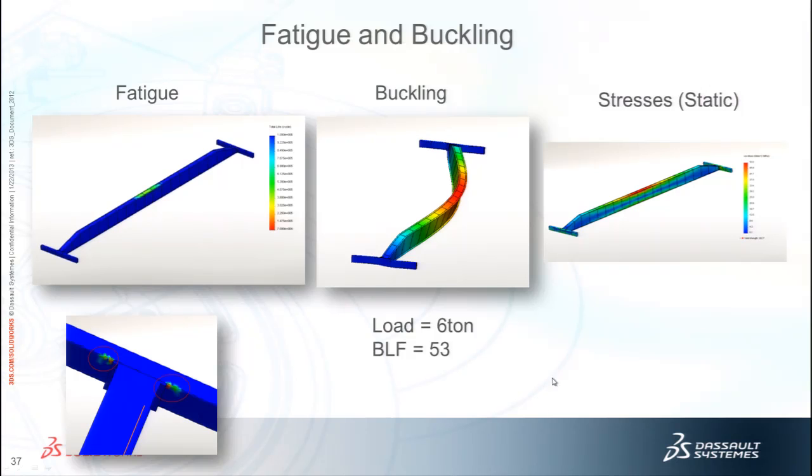We got a 53 buckling load factor. If the buckling load factor is 1, it buckles. If it is bigger than 1, it does not buckle. So 53 is a kind of safety factor, so it doesn't buckle. Of course, a stress analysis is also needed.